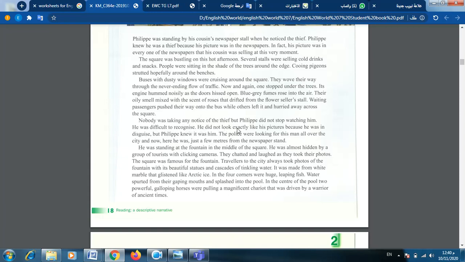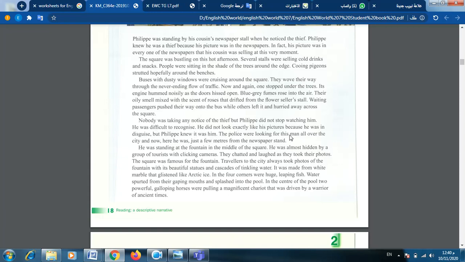Because he didn't look exactly like his pictures, because he was in disguise, okay? The thief had changed his appearance, okay? It changed his facial features, so it's not easy to recognize him. But Flippy knew it was him. Okay, it was him. This is the thief.